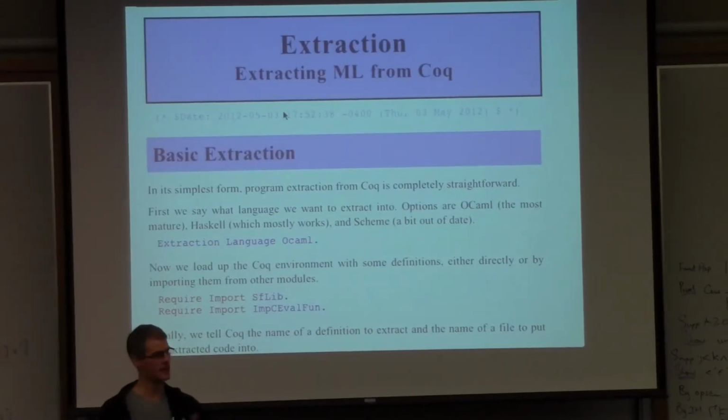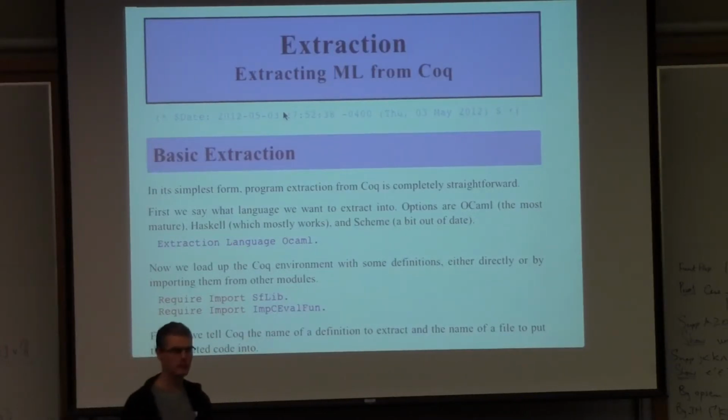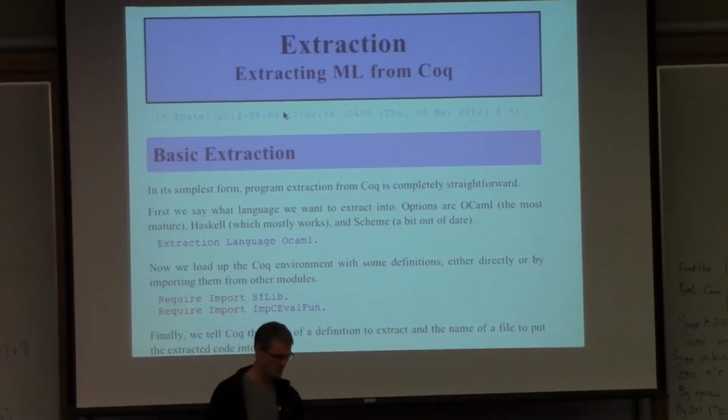Whereas the ML one is the one that is used more, and it's more mature and more tested and so on. So if you have a choice, if you like both ML and Haskell, choose ML. If you like Haskell, it will still work, but you may expect a little more pain. If you really prefer Scheme, you're on your own.